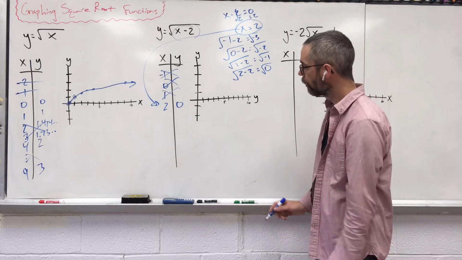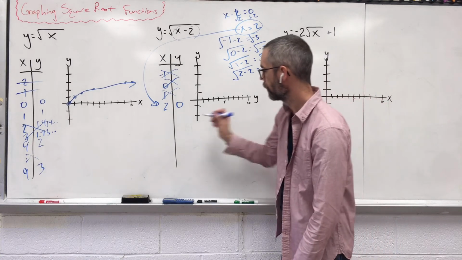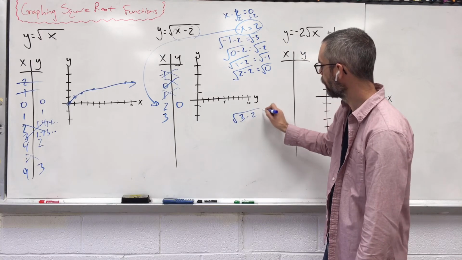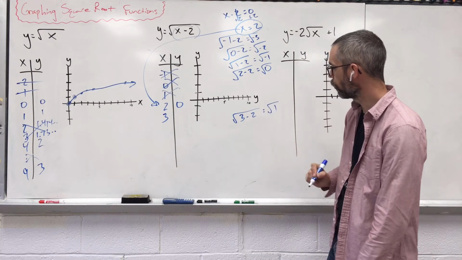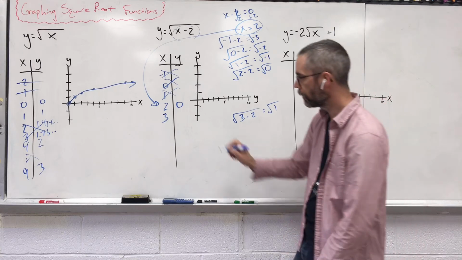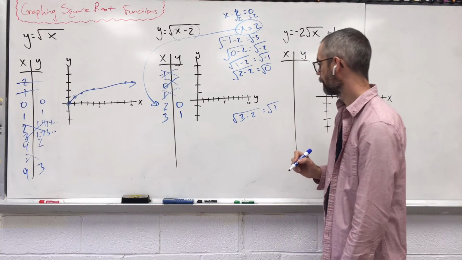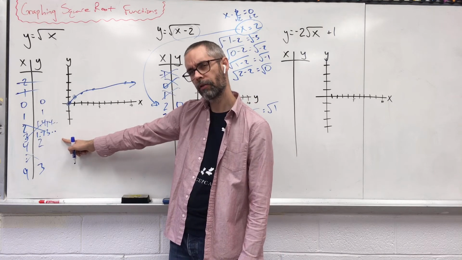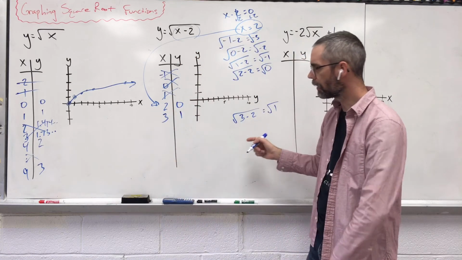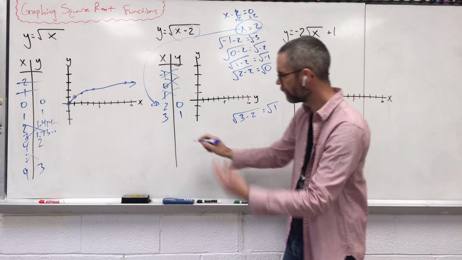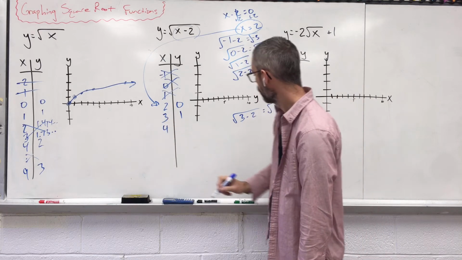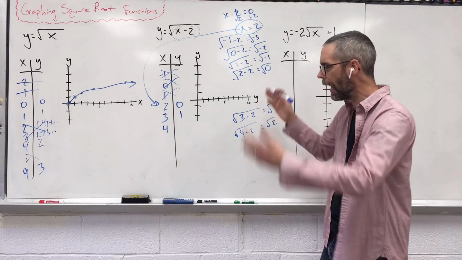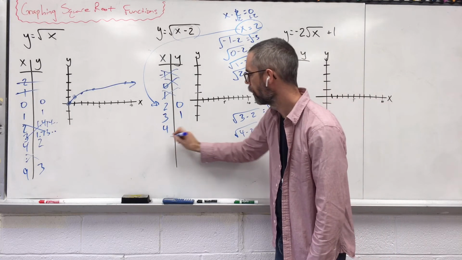All right, let's put in some other numbers. We plug in a 3. So 3 minus 2 equals square root of 1. What times itself gives you 1? 1. I like this. Now, over here we came up with some decimal values. I could keep doing that, or I could jump ahead, but let's fill in these numbers anyway. Square root of 4 minus 2 gives me square root of 2. I don't know what it is. I'm going to skip it.